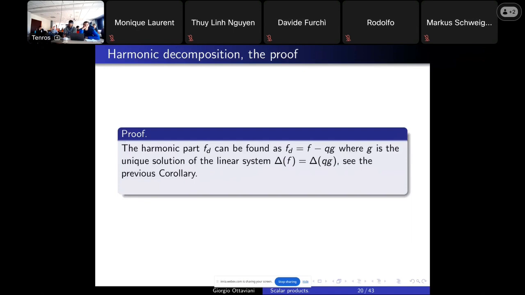And now apply the Laplacian. This is harmonic, so you want this to be 0.